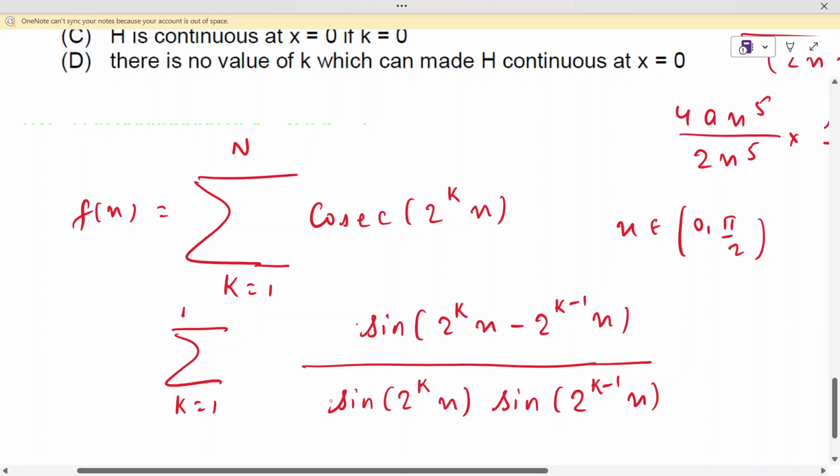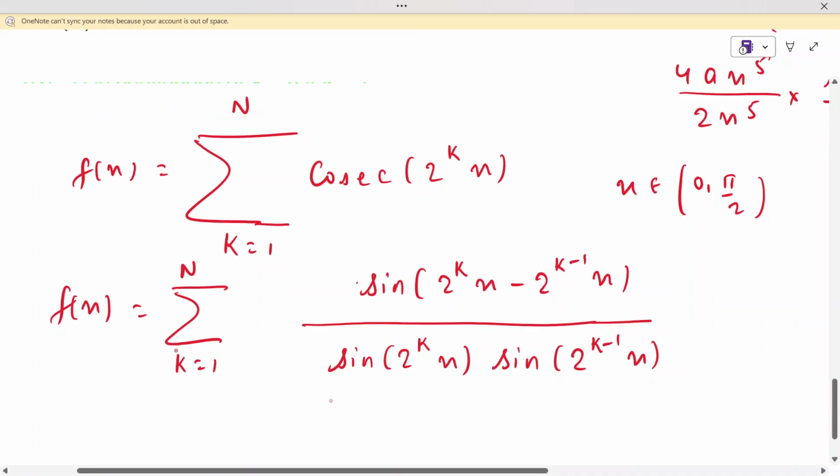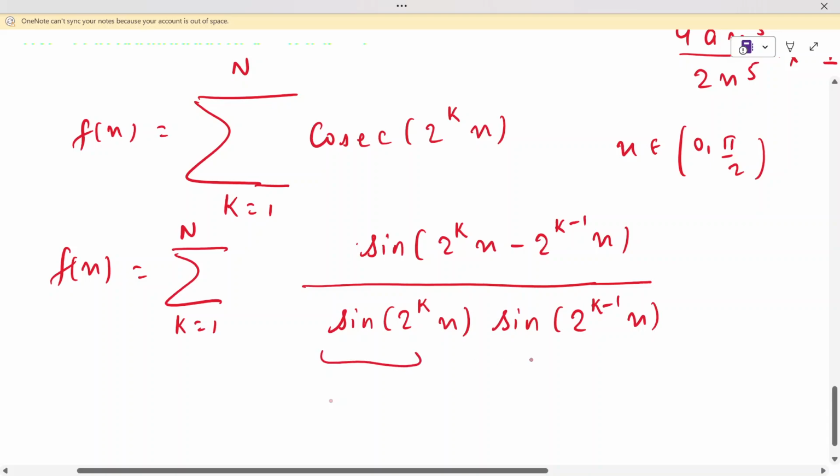Isn't it? What we did? I just multiplied with the sin 2 to the power k minus 1 into x. So of course denominator as well, numerator as well, right? So this is 2 to the power k minus 1 x into 2 minus 1, isn't it?